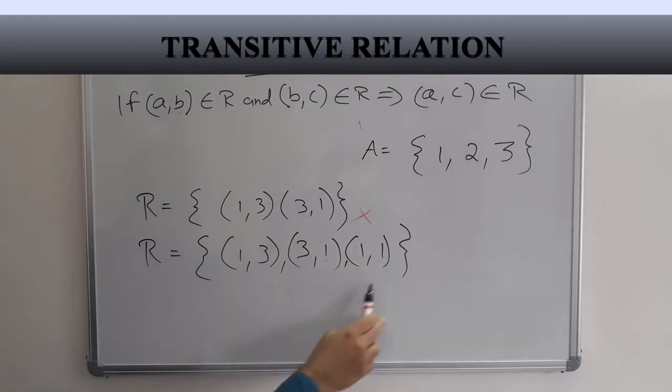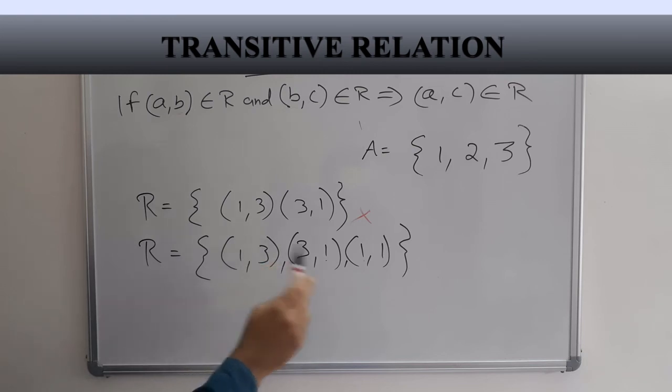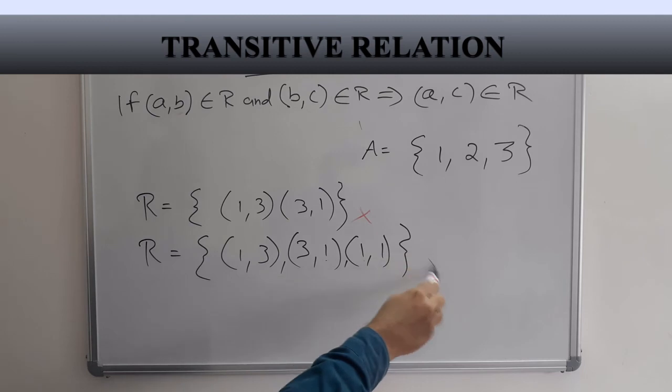So we expect a 3 comma 1, and the 3 comma 1 is present there. That's fine. But there is another pair which can come as a second pair. See this one. This is 3 comma 1 and the second pair is 1 comma 3. So we expect an A comma C, right? That is 3 comma 3 we expect, but it is not there. Since that is not there, it is not transitive.